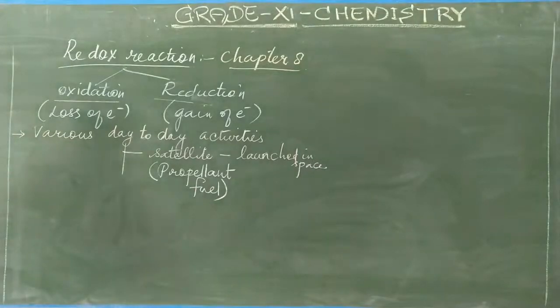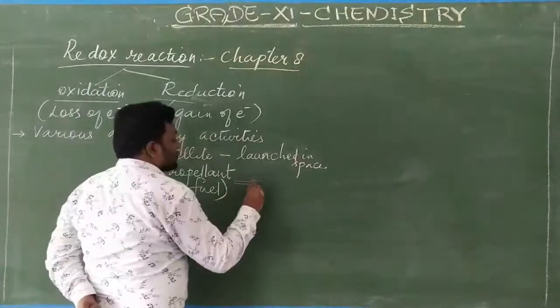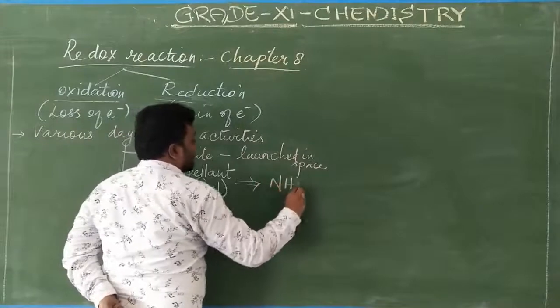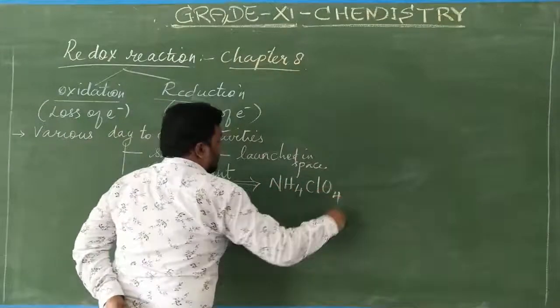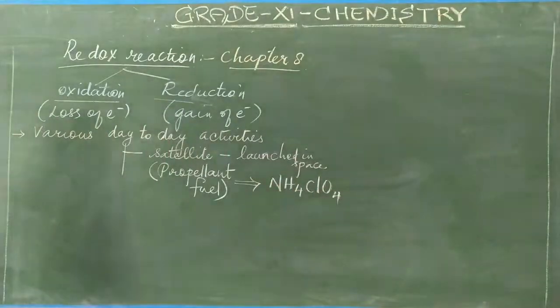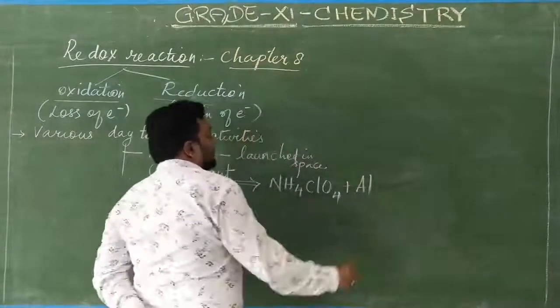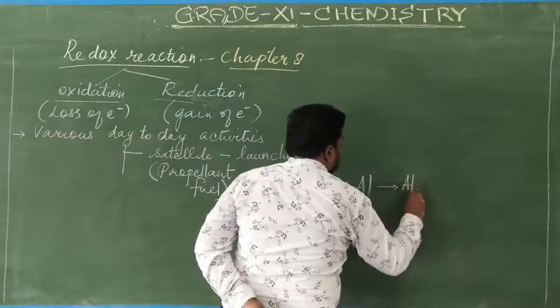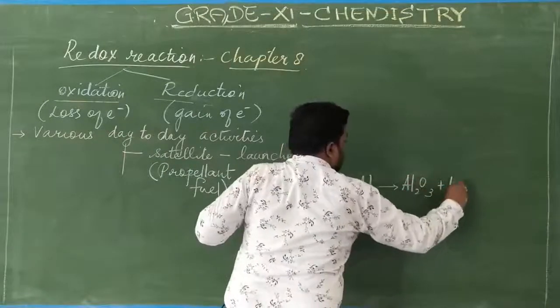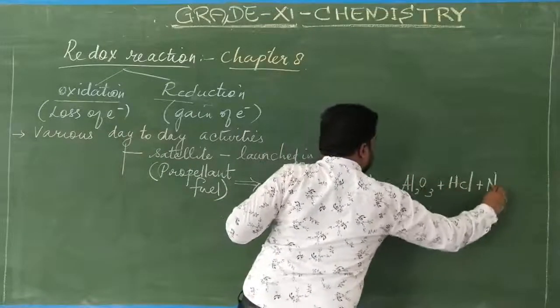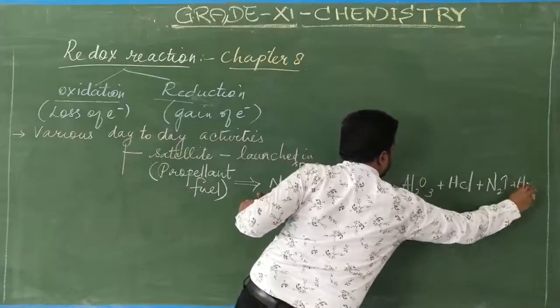The common propellant which is used is ammonium perchlorate. This ammonium perchlorate, when it is ignited with aluminium, gives rise to the formation of aluminium oxide plus hydrochloric acid plus nitrogen plus water.